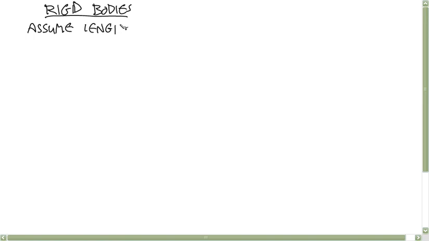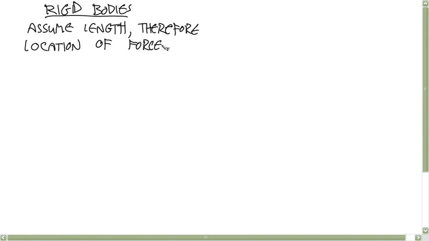Now we're assuming that you have some length, and having that length means that the location where you apply forces starts to matter. Locations of forces matter.